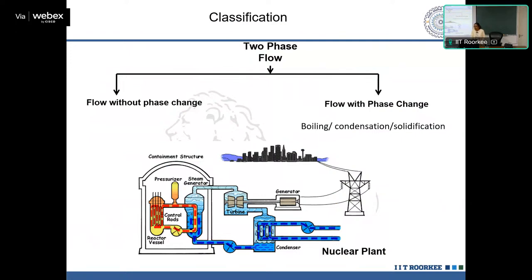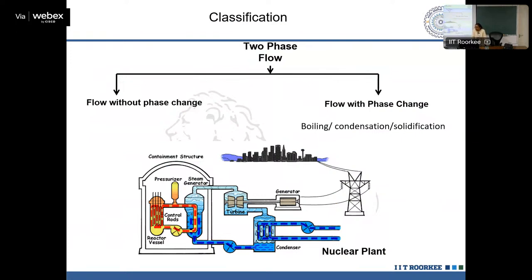Flow without phase change includes examples like liquid flows where we are not changing the phase, or any gas-liquid operation, air-water operation, where the phases of the flow are not changing. While, for example, if we operate a nuclear power plant or any power plant for that matter, we are producing steam from water.